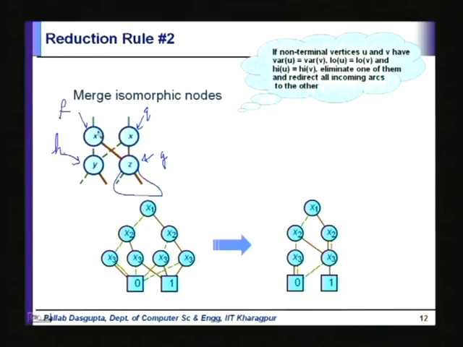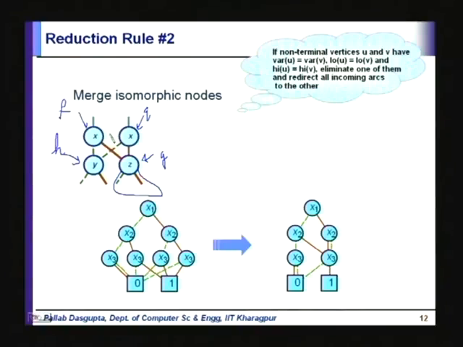So we should merge these 2 nodes. The function f and the function q are the same. They are both equal to x bar h plus xg. So we should merge these 2. That's what this says, that if your 0 edges are leading to the same vertex and the 1 edges are leading to the same vertex, then you should merge these 2 vertices, because they represent the same function.